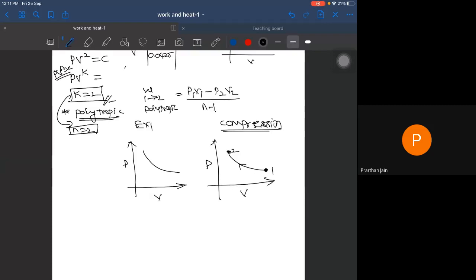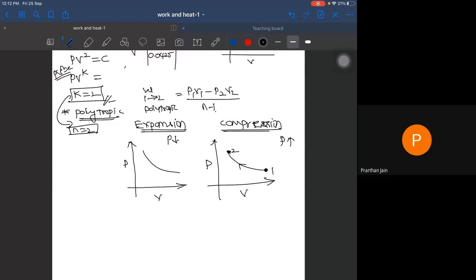So if it is an expansion process, what happens to the pressure? In the compression process, the pressure gets increased, whereas in the expansion process, pressure will get decreased.